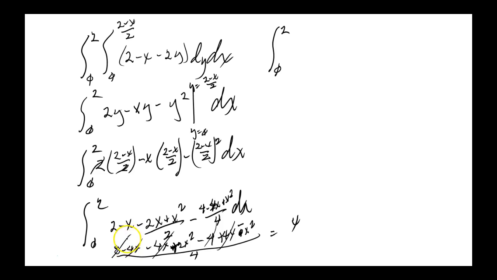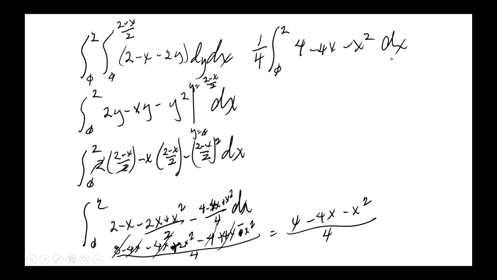So I think we have 4 minus 4x minus x squared over 4. That's what we're integrating, I think. I'm pulling the 1/4 out. It'd be 4 minus 4x minus x squared dx.